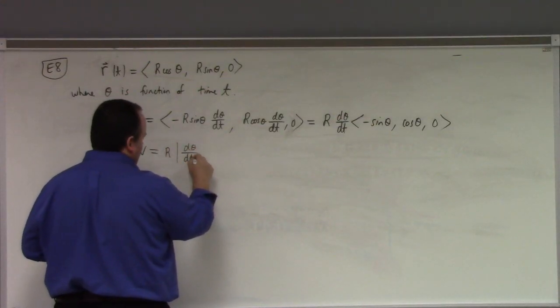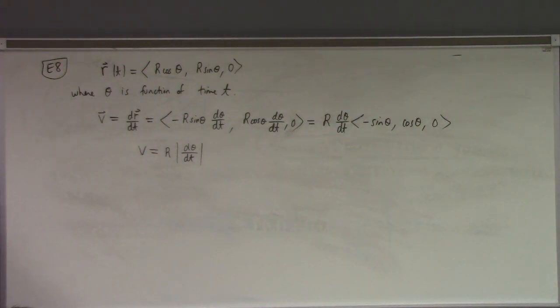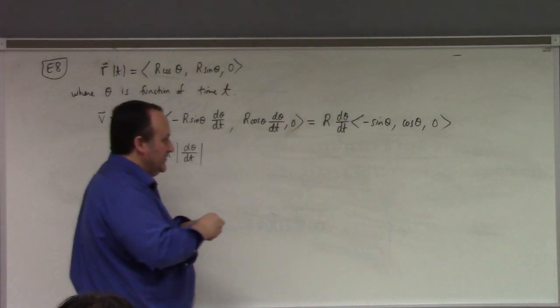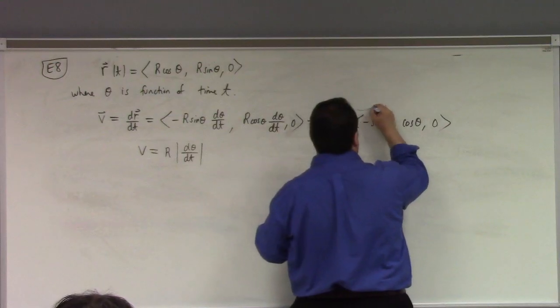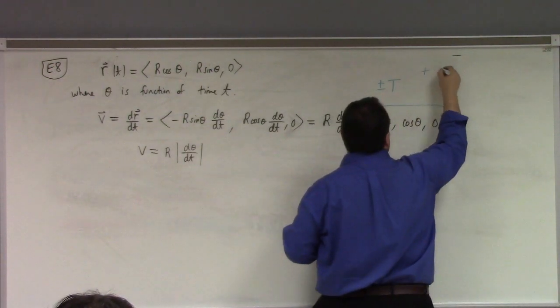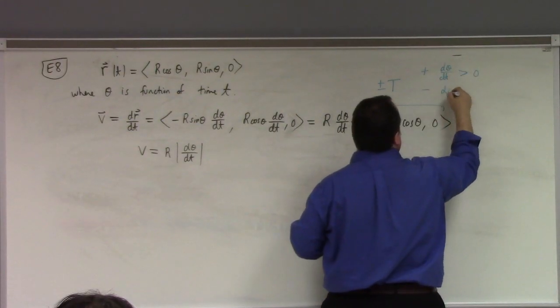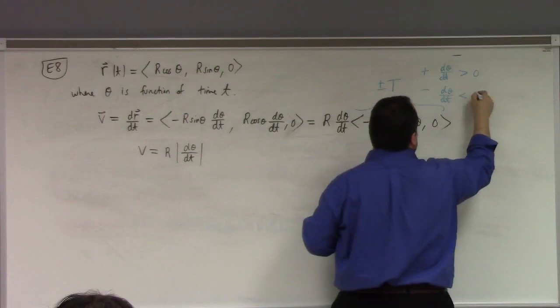You see, because if d theta dt is positive, then you guys are right. If d theta dt is negative, that means that the vector that I factored out here is either plus or minus the tangent, right? So the plus if d theta dt is greater than 0, the minus if d theta dt is less than 0.